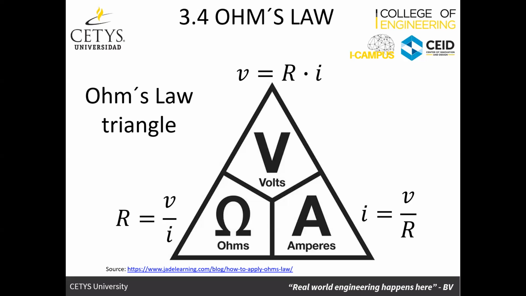I don't know. Ricardo's asking an interesting question, why is current usually represented with an I? I'm totally guessing, but maybe it's because not all these scientists were English speaking.